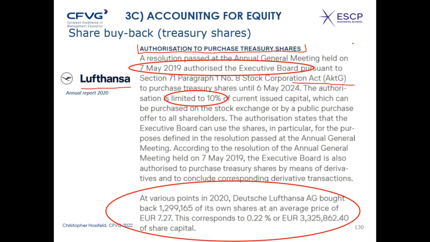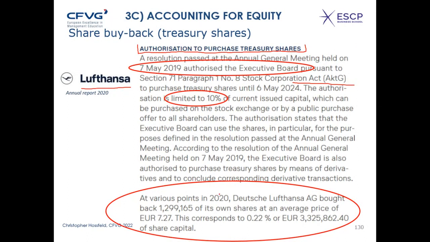Although it's not really a limitation, because you could avoid it simply by buying back your own shares, then deleting them, then buying another 10% and deleting them, and then buying a third time 10%. So you could do this in steps. But so far, no company has done this. Actually, it's rather rare that you have high amounts or high percentages of own shares that are bought back.